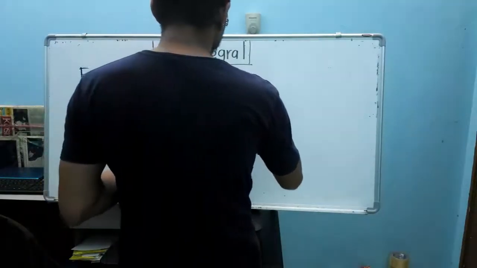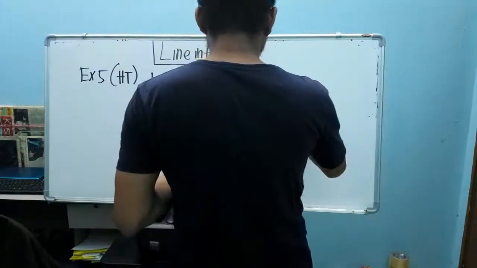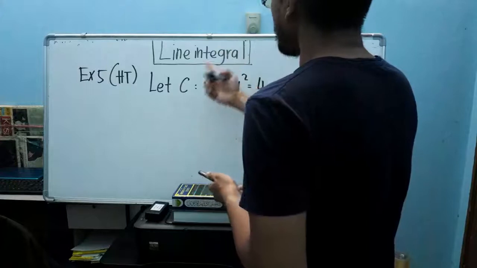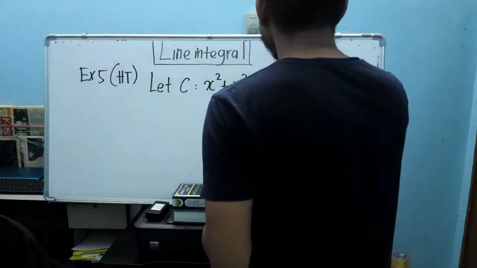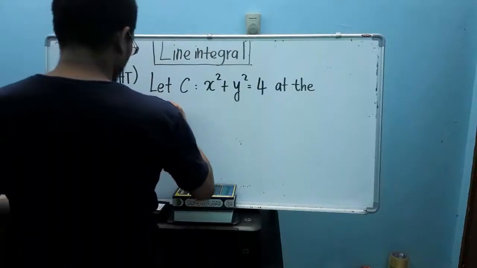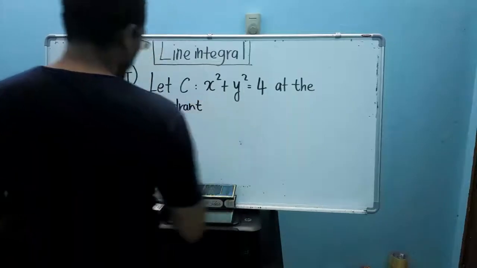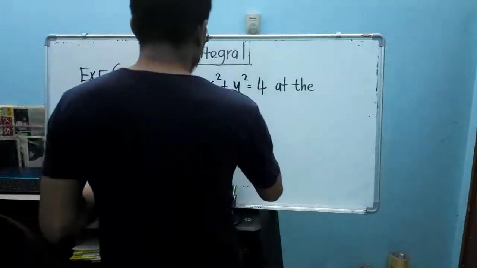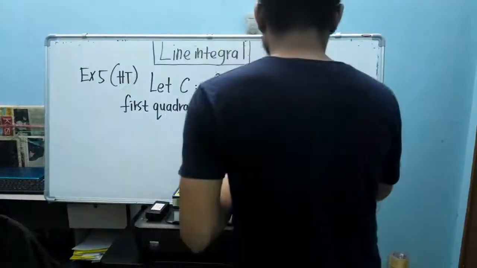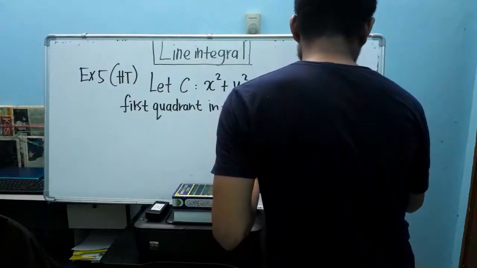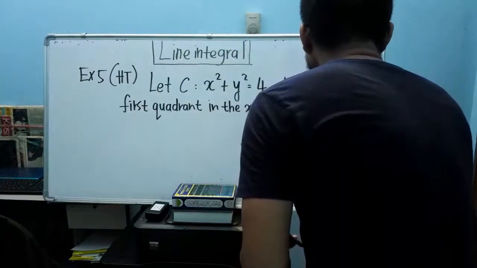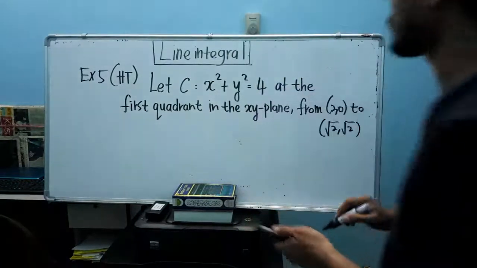Let x squared plus y squared equals 4. This is the portion of x squared plus y squared equals 4 in the first quadrant of the xy plane, from the point (0, 2) to (square root of 2, square root of 2).